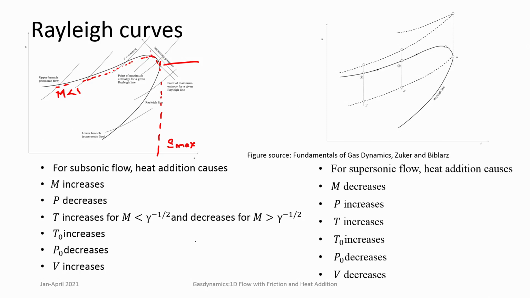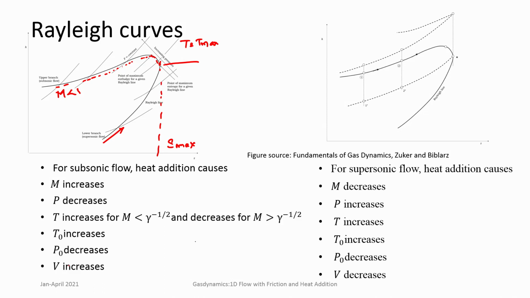After reaching the point where T is equal to T max, the maximum temperature, the temperature decreases until it reaches S max, where maximum entropy is achieved. Now, if you look at the lower branch, here the temperature continuously increases. Okay. So, a very important point in Rayleigh curves is that there are two critical points, one is maximum temperature, the other one is maximum entropy.